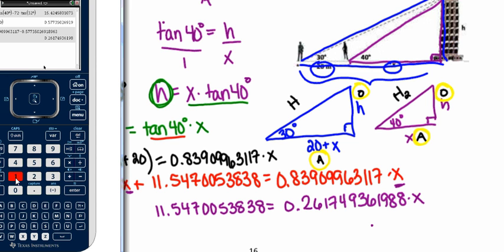So now I'm going to divide both sides by that 0.26 number. And again, you may already have the 11 number in your calculator. I have to take the time to enter that. I want to divide both sides by the 0.26 number.